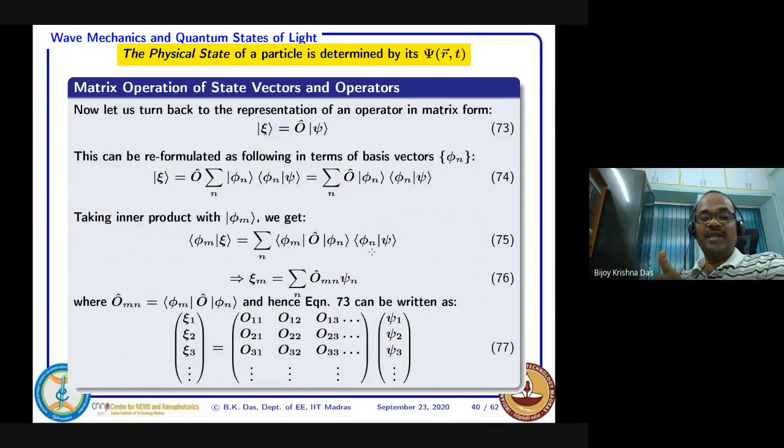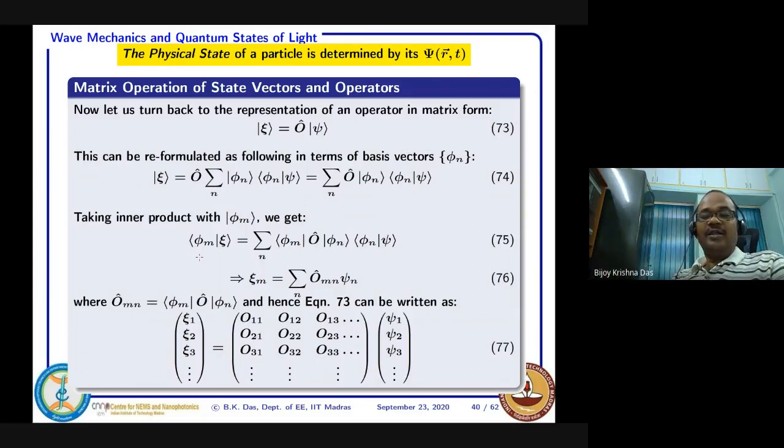Remember that these phi are the basis vectors. You should not mix the phi with the psi. Psi and xi, we are handling those two vector states. But this phi m is actually a fixed basis state, basis vectors. That is actually given to you. That you have to decide first. You have decided that.